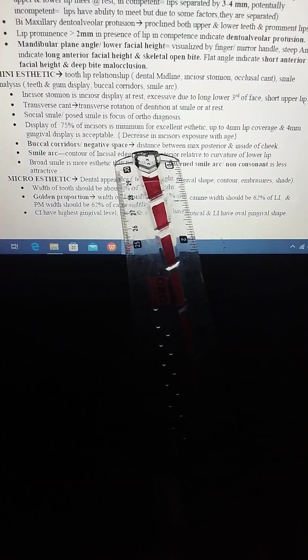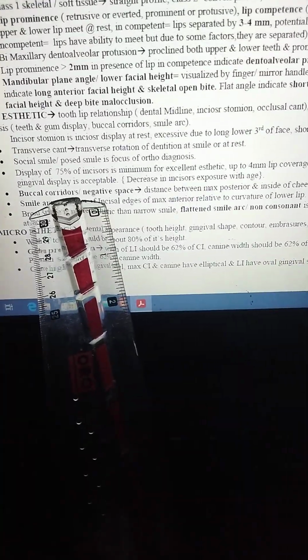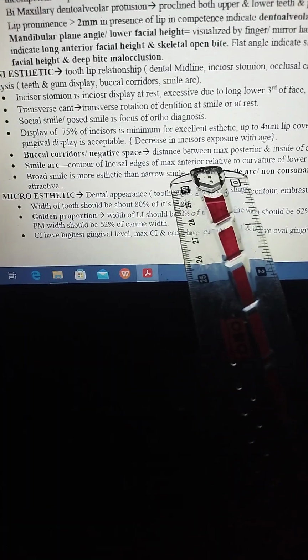And what are buccal corridor or negative space? It is the distance between maxillary posterior teeth and the inner side of the cheek. This is buccal corridor or negative space. What is smile arc? Smile arc is the contour of incisor edges of maxillary anterior teeth relative to the curvature of the lower lip.